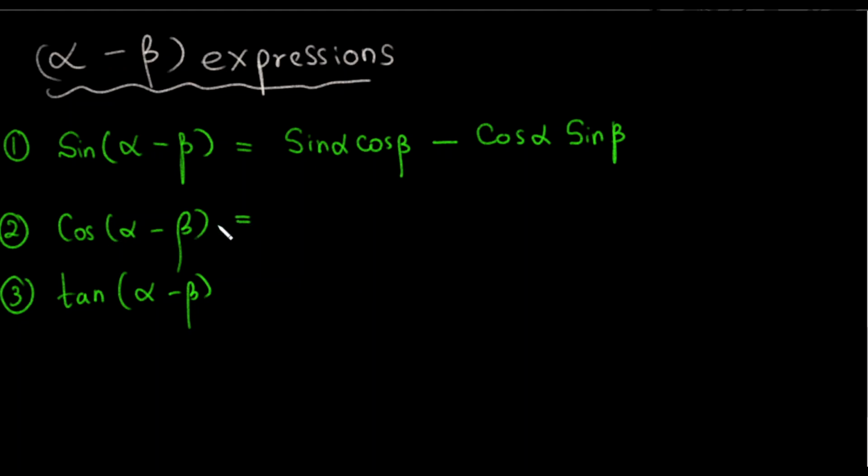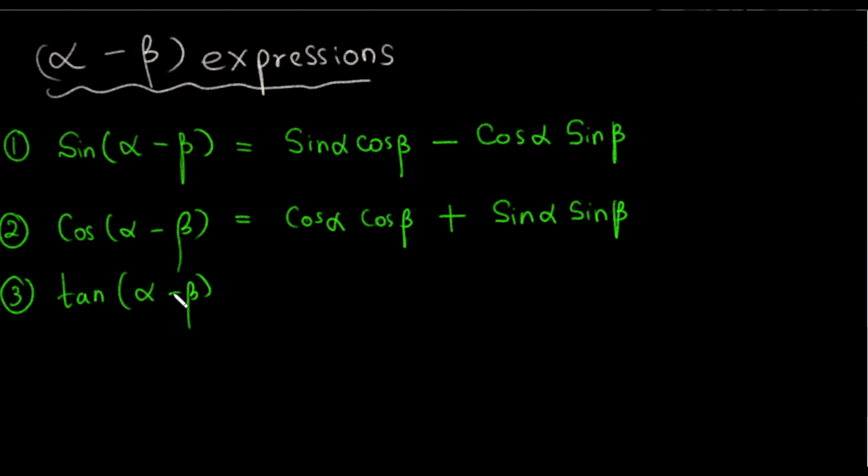Likewise, cosine of alpha minus beta is equal to cosine alpha cosine beta plus sine alpha sine beta. Previously, the alpha plus beta expression had a minus sign here, but the alpha minus beta expression has a plus sign.